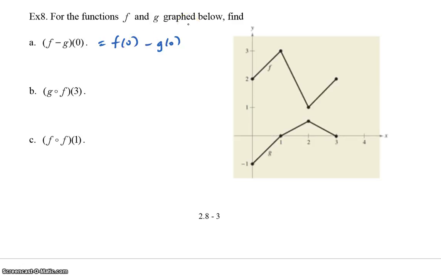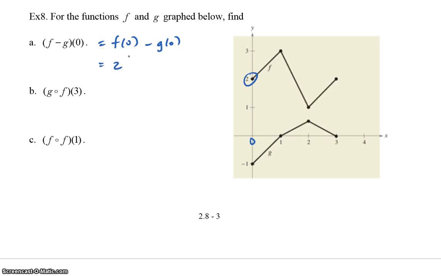Well, x is 0. So on our graph that's here, f of 0 would just be the y-coordinate associated with x equals 0 from the graph of f. And we see that the point (0, 2) is on the graph of f. That means f of 0 equals 2.